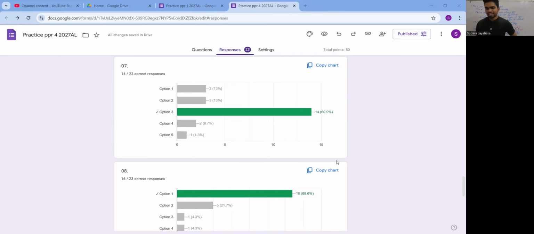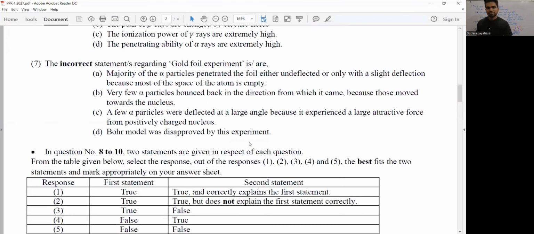Those who got answer 1, did you read the question carefully? It's asking for the incorrect statement, not the correct ones. Anyway, the majority got the proper answer. We'll have a small discussion on that.